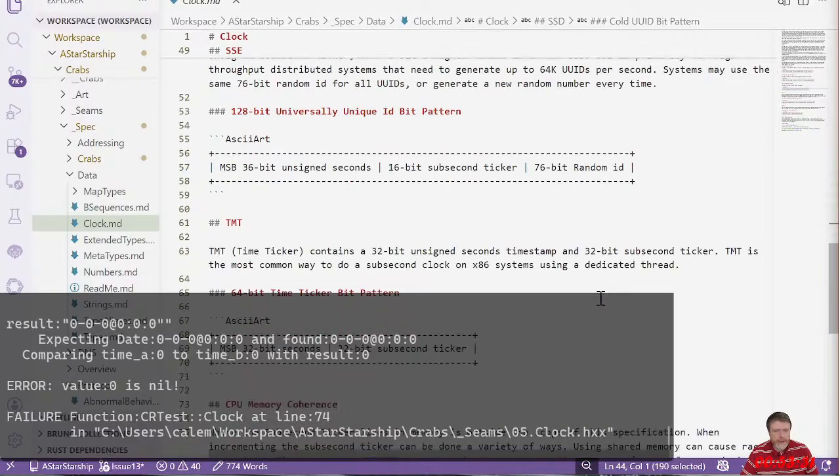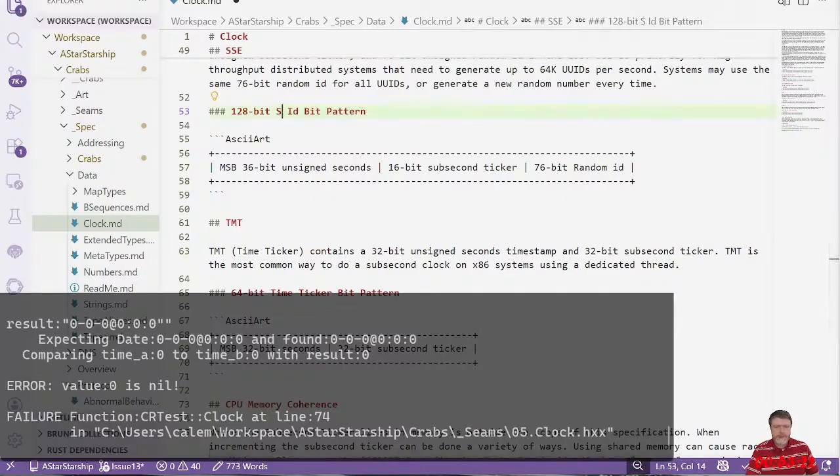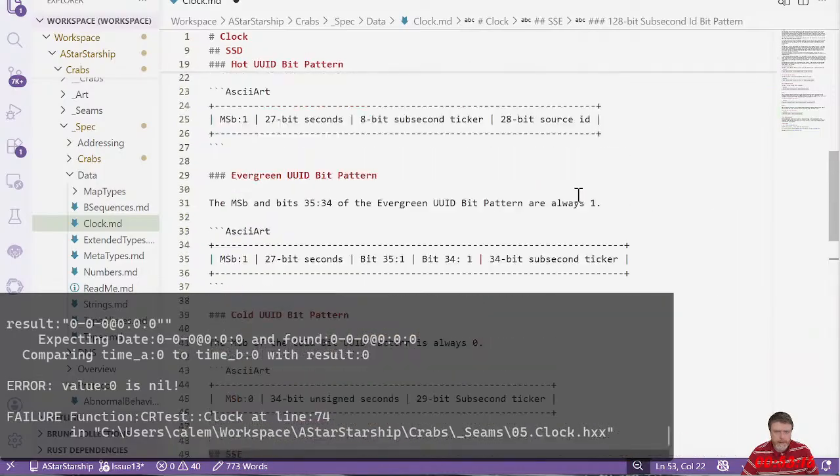And then we have the 128-bit, this is supposed to say sub-second ID bit pattern. Does it say?